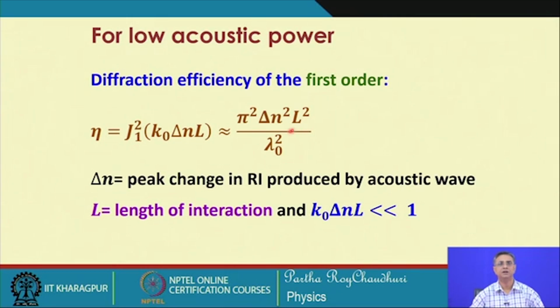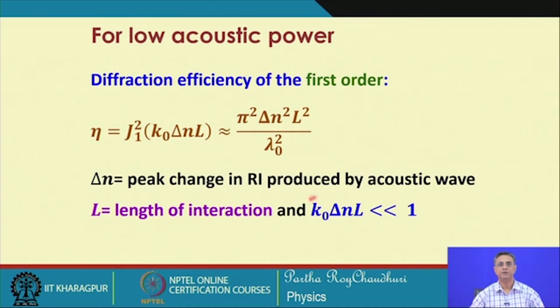We have also seen that this diffraction efficiency can be simplified in this form, pi square delta n square L square by lambda square, where delta n is the peak change in the refractive index produced by the acoustic wave, and L is the length of the interaction.